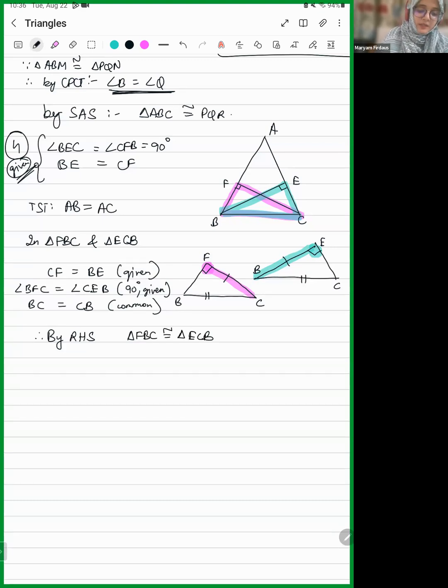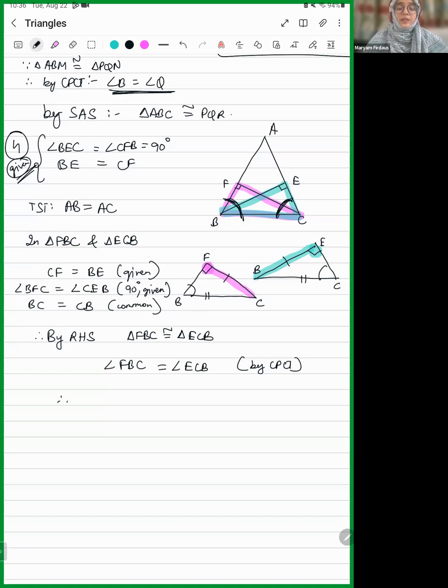Now, since they are congruent, this angle will be equal to this angle. So angle FBC is equal to angle ECB by CPCT. Now if you look very carefully at triangle ABC, we have just shown that this angle is equal to this angle.